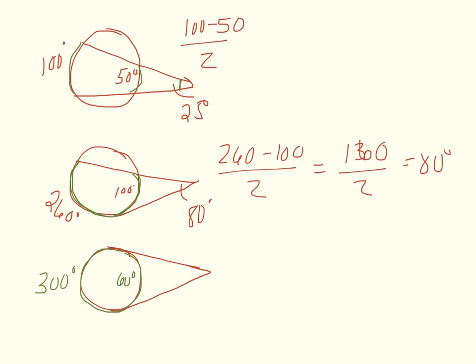So the 2 arcs have to have a sum of 360. But to do the actual problem, to find the angle, it would be 300 minus the 60 divided by 2. So in other words, 240 divided by 2, which is 120.